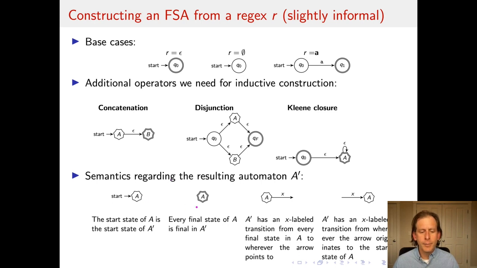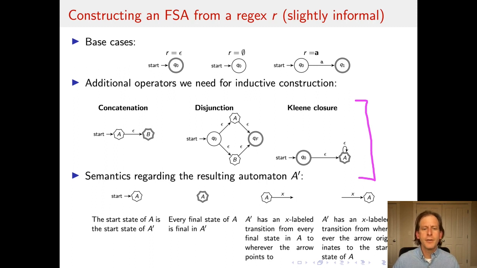If we designate an automaton as being final, that means that the resulting automaton has a final state that corresponds to every final state of the original automaton. An arrow from an automaton is taken to be an arrow from every final state in that automaton, and an arrow to an automaton is an arrow to the start state of that automaton. So if you actually run this through, then you will get automata that satisfy concatenation, disjunction, and Kleene closure.